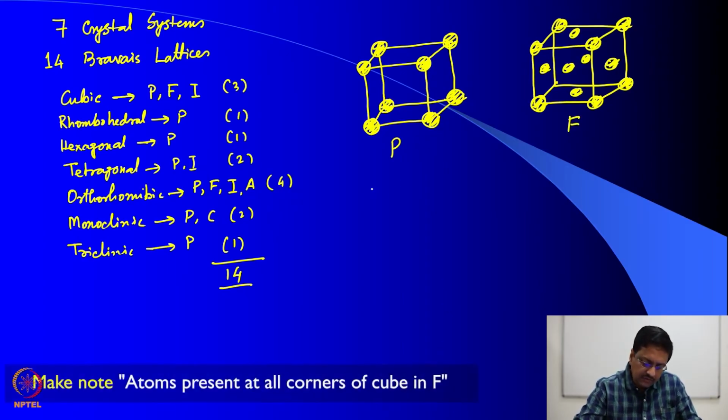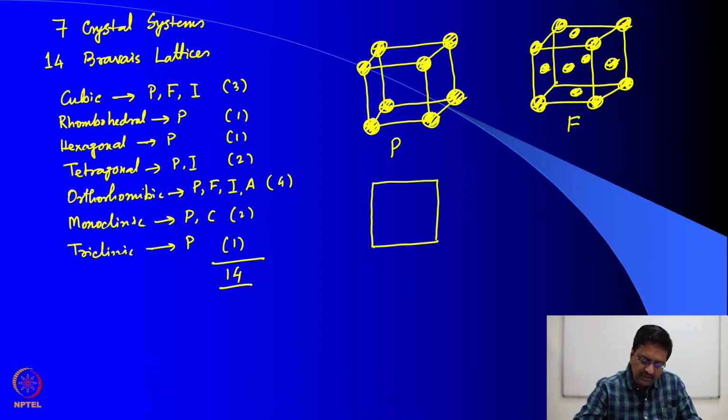And then the other possibility is a body-centered lattice, where you have atoms at 8 corners plus an atom at the center of this unit cell.